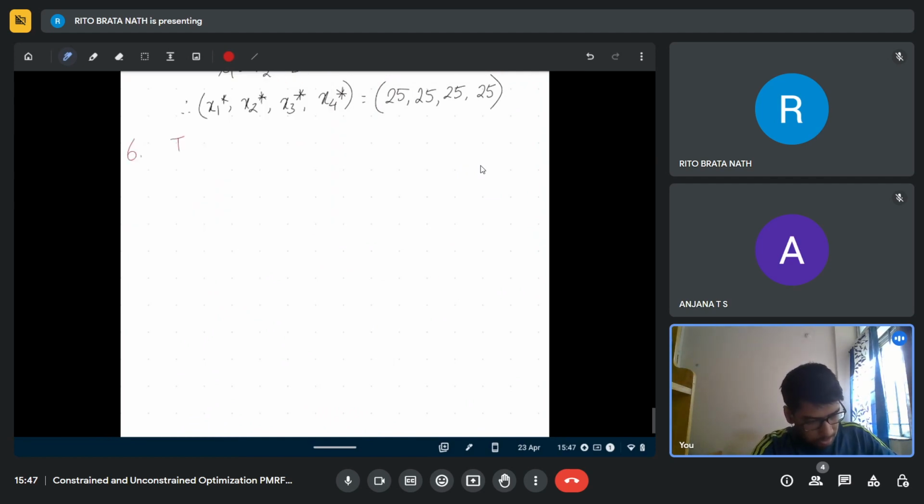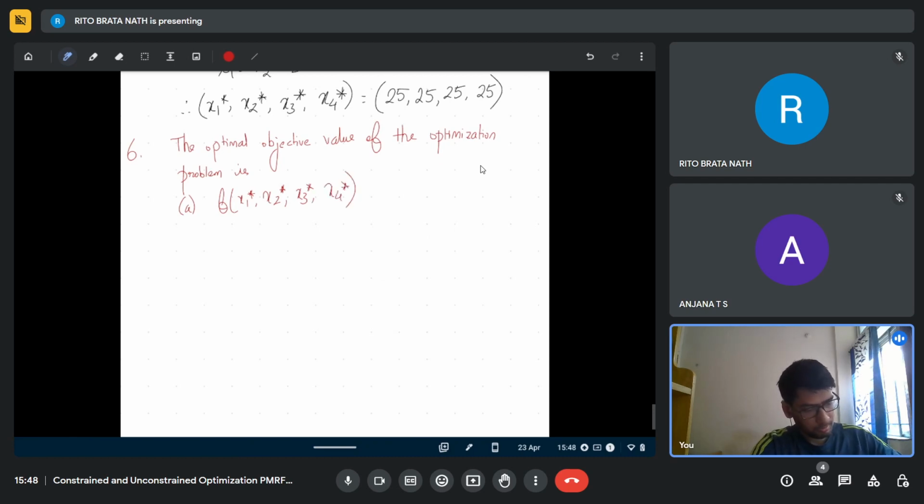Okay, the sixth problem is: the optimal objective value of the optimization problem is f(x1 star, x2 star, x3 star, x4 star). Okay, so this is what you want, and let me write down the options.